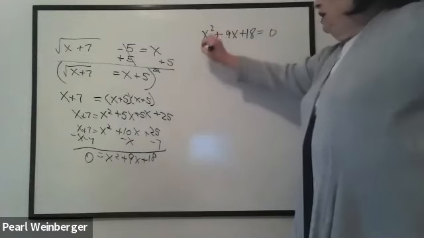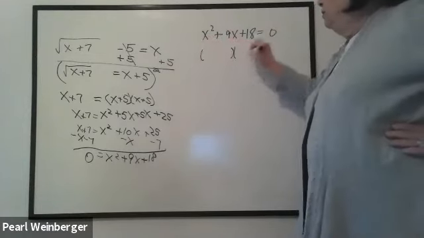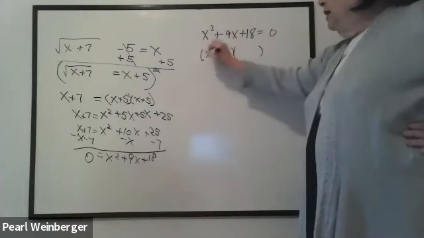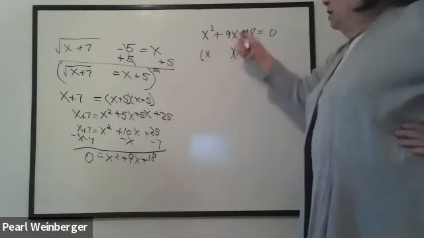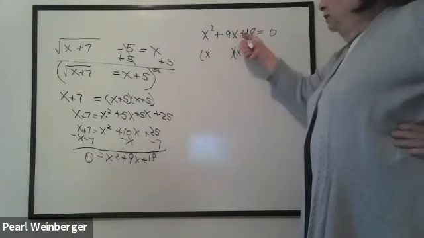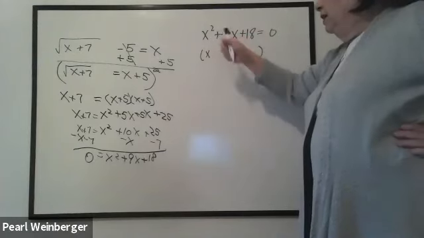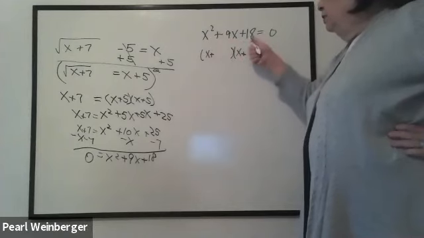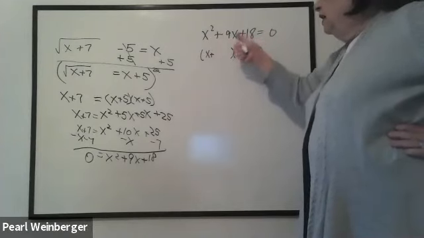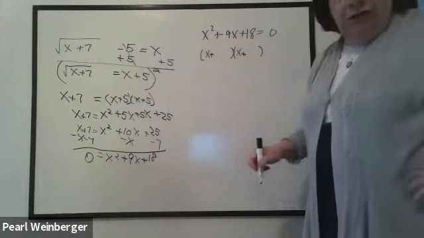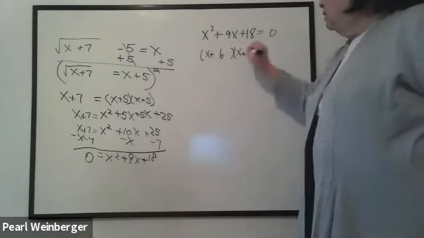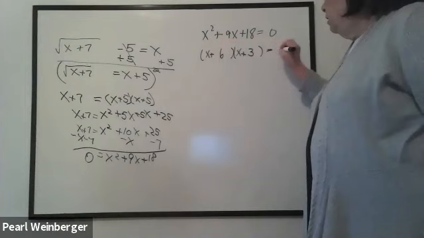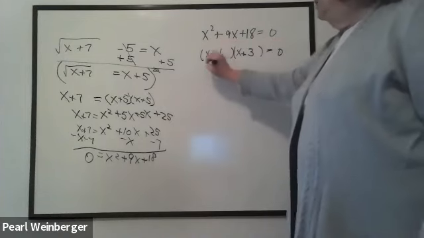And I know I want to factor this. Let's see if we can factor this. That'll give me x and x. The last term is positive, means they both have the same sign. The middle being positive means they're both positive. And I need numbers that multiply to 18 and add to 9. I think you'll all agree it's 6 and 3. And then remember, we separate them.